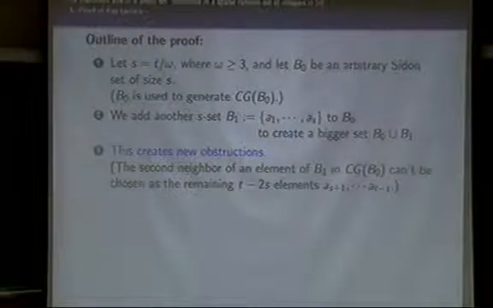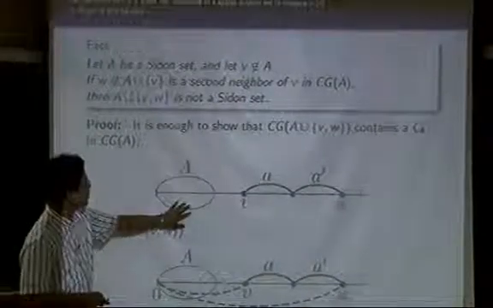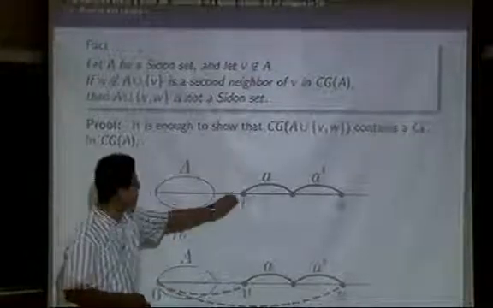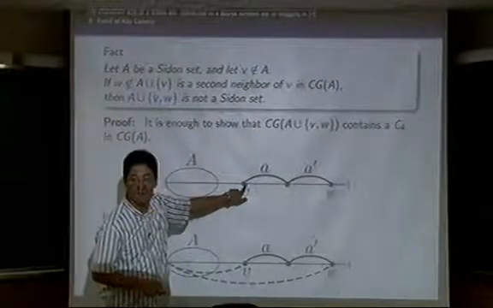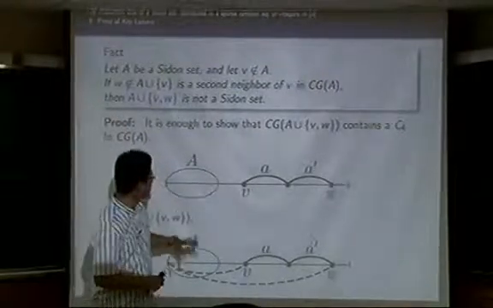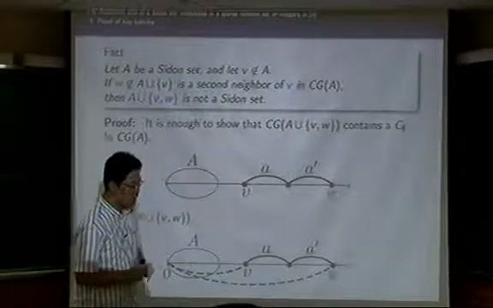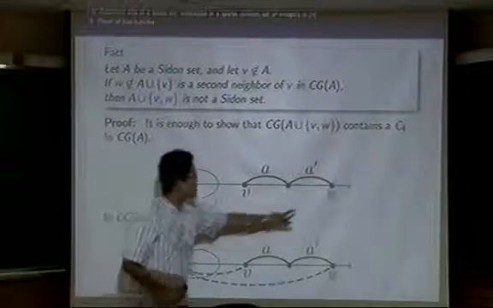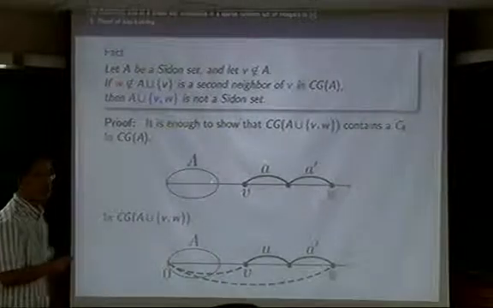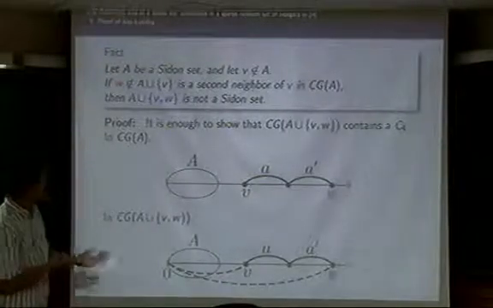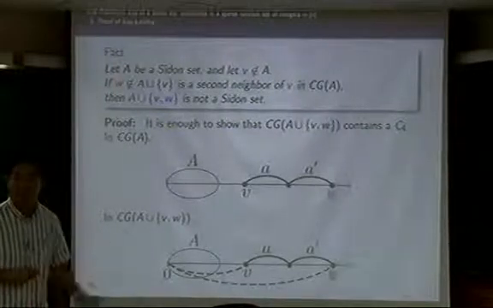The reason is the following. Let's say this is B0, and we add this kind of element. Let's say V is in B1, then we will think of B0 union B1. When we try to make a bigger Sidon set, we can't add this kind of element W, because if we add this also in the set, this fact tells us that the bigger set is not a Sidon set.